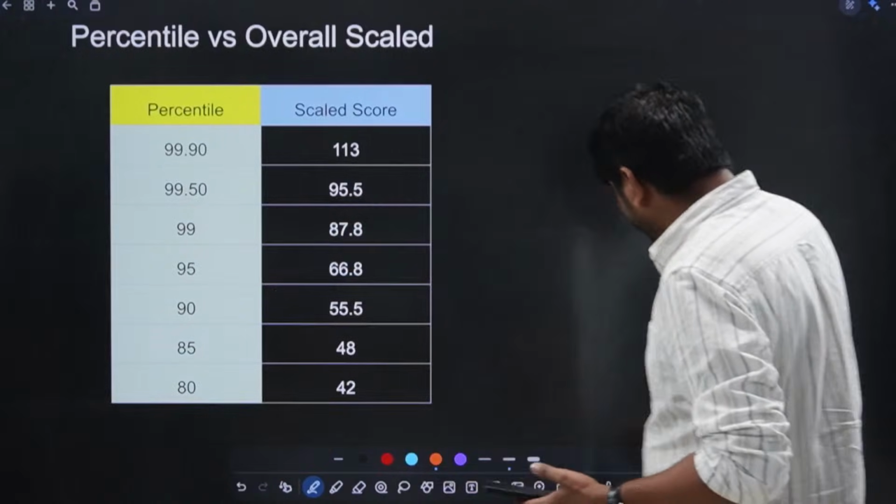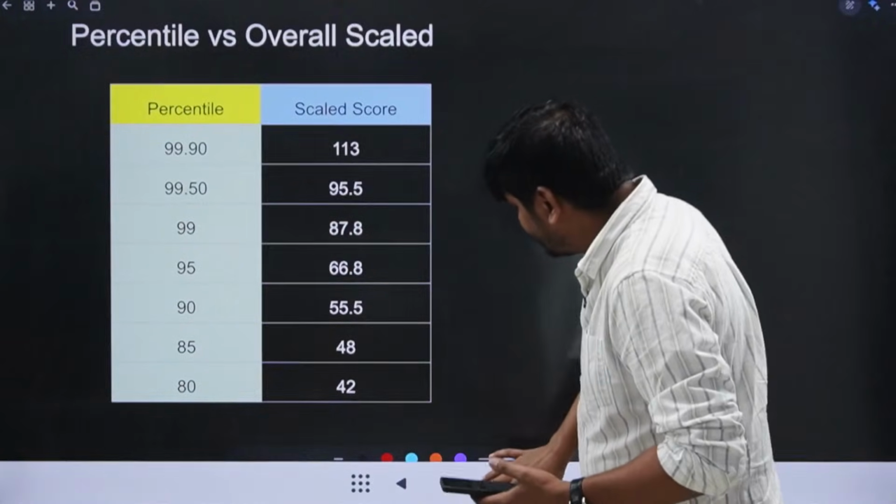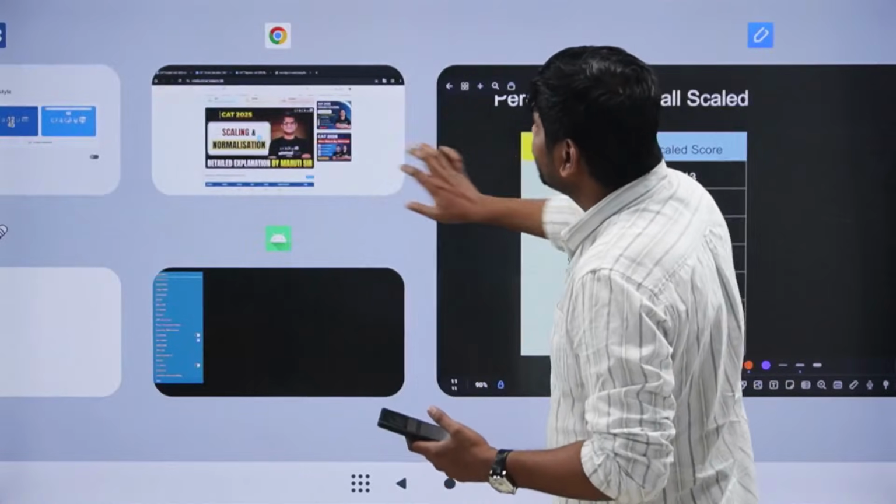If you want to see what colleges you might get, we have a tool on our website.